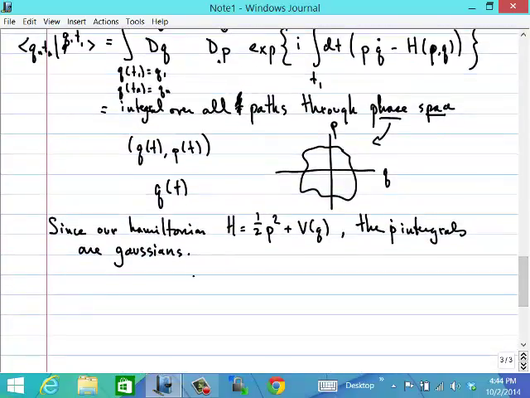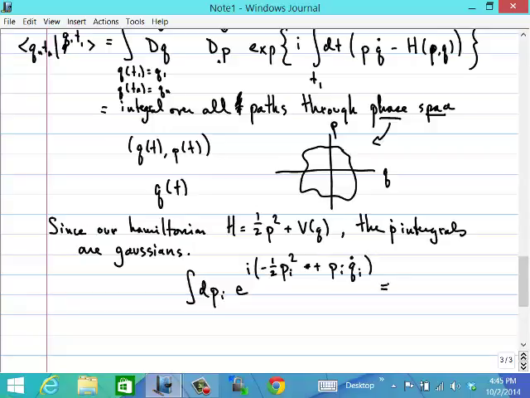So one of these P integrals would look like an integral dp_i times e to the i. So I have a minus 1/2 p_i squared. That was coming from the Hamiltonian, the minus Hamiltonian. And then we had minus, sorry, I guess it was a plus p_i times q_i dot.